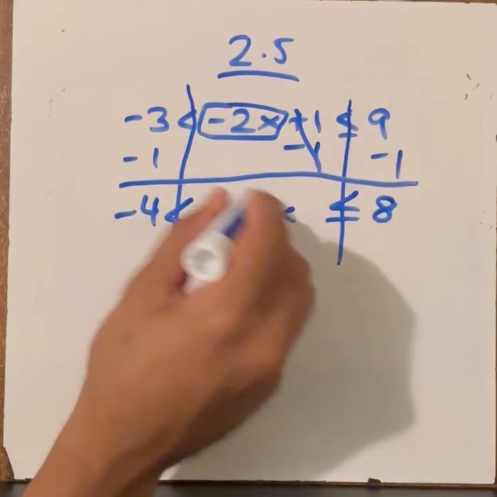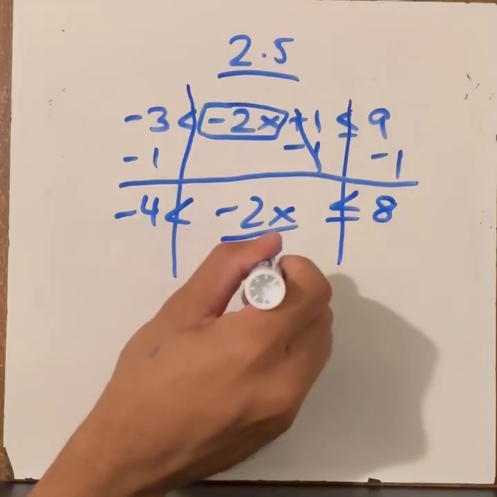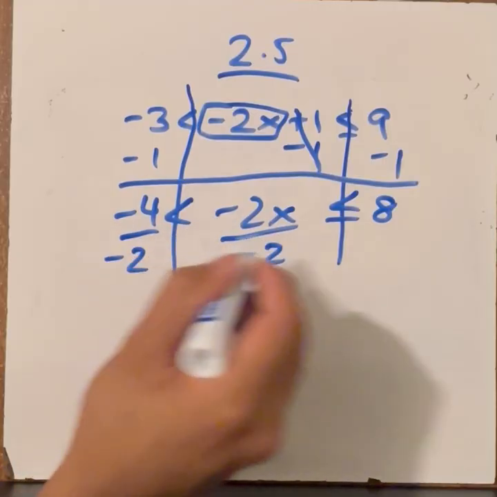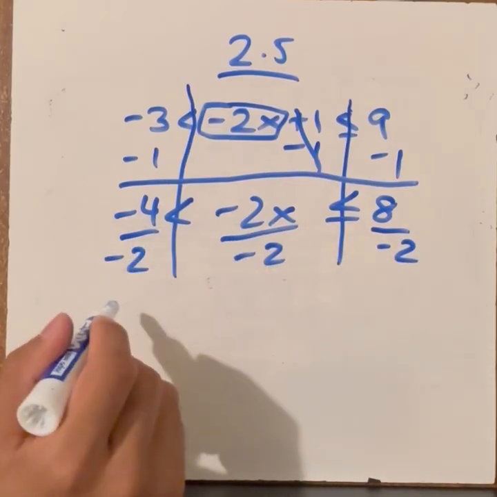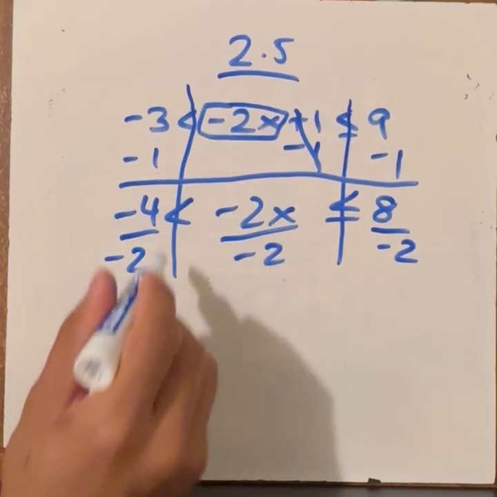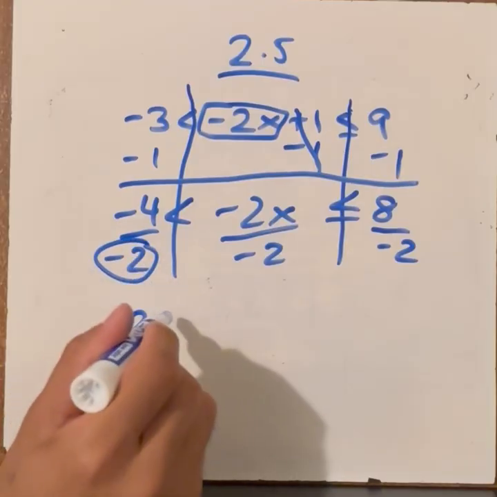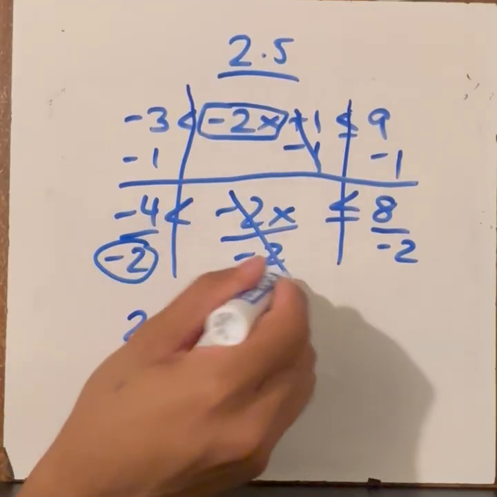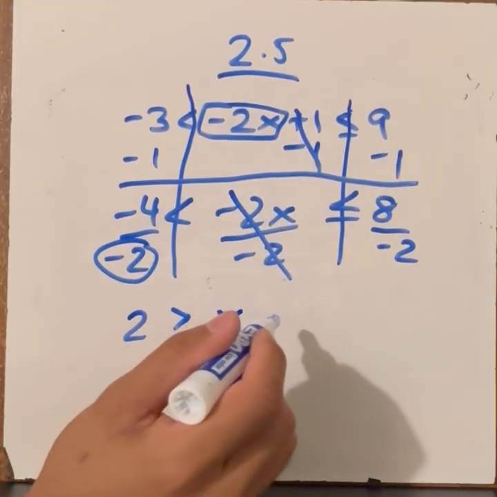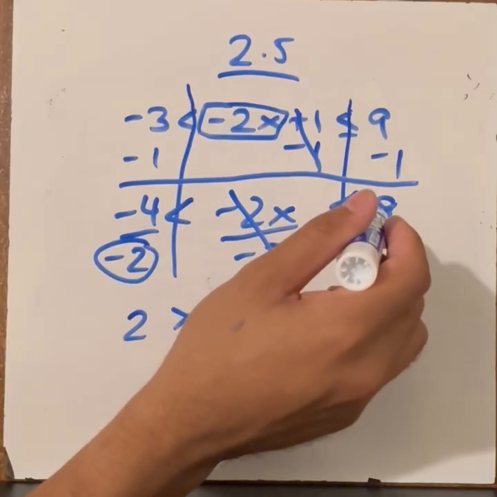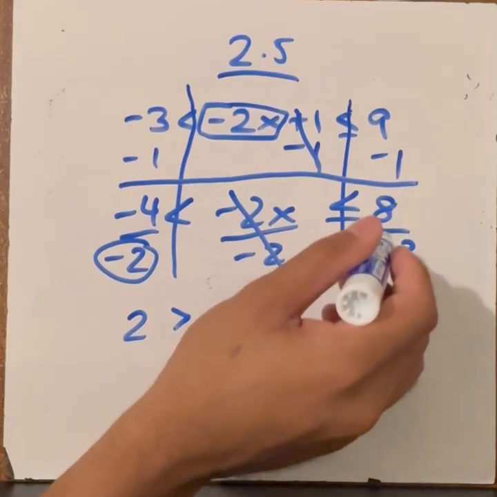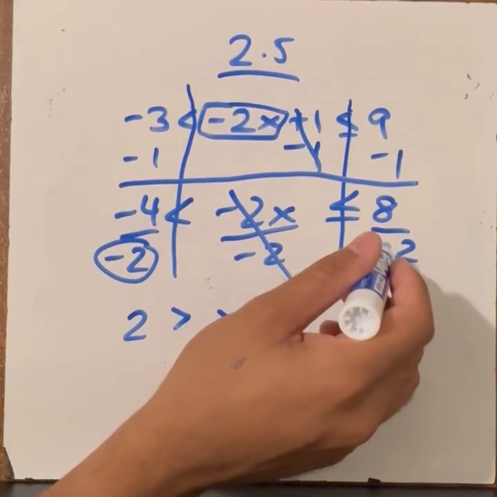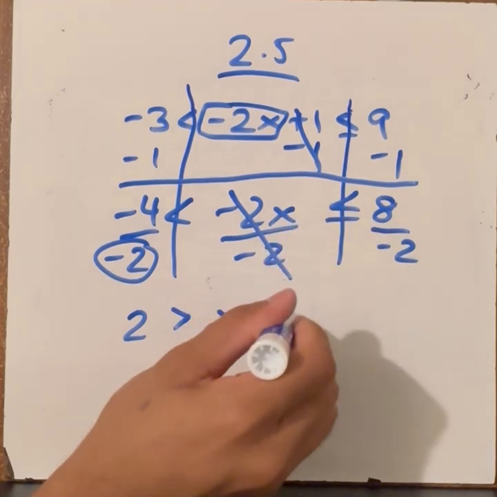So then we see this, and we know that we have to divide by negative 2 onto every side, okay? And then that negative 4 divided by negative 2 is 2. Notice that we flipped the sign because the number we divided by was negative, okay? This crosses out. We got x left in the middle. And 8 divided by negative 2 is negative 4. And we flip the sign.